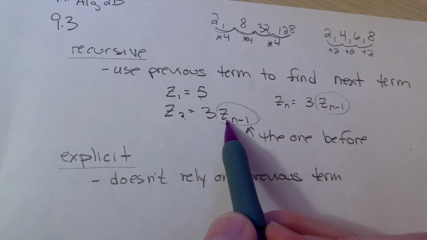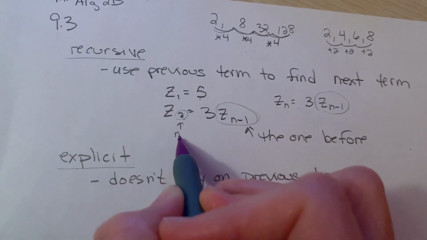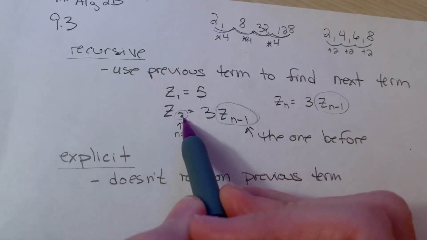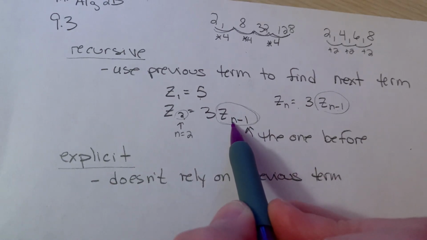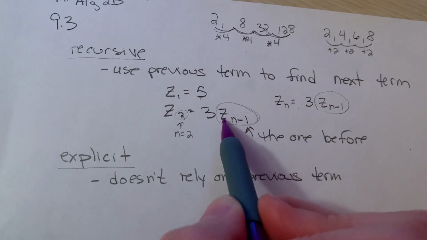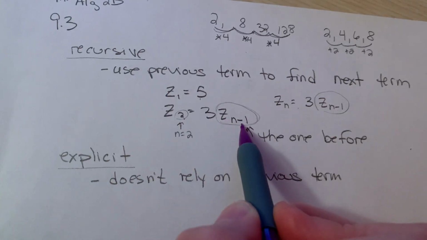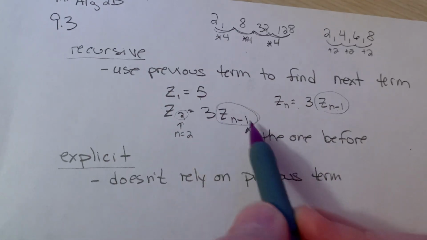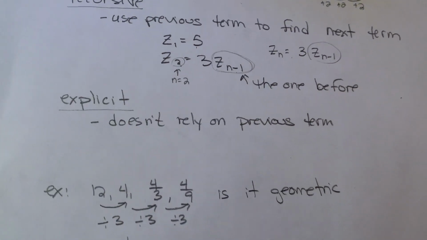You would find your second term, which would mean n equals 2. So z sub 2 means you're finding the second term. I'd put a 2 right in here, so then I'd have 2 minus 1. This tells me the second term is 3 times the term before it, or times the first term. My first term was 5, so my second term would be 15. We'll look at an example like that in a minute.